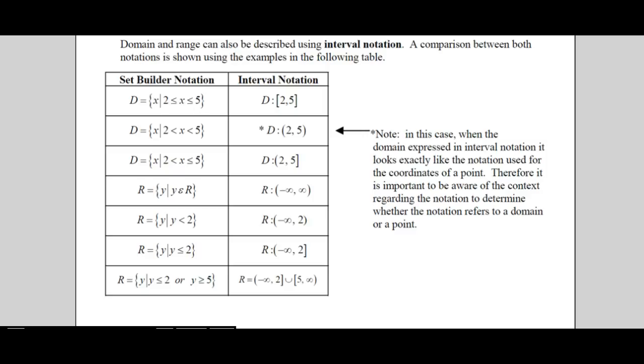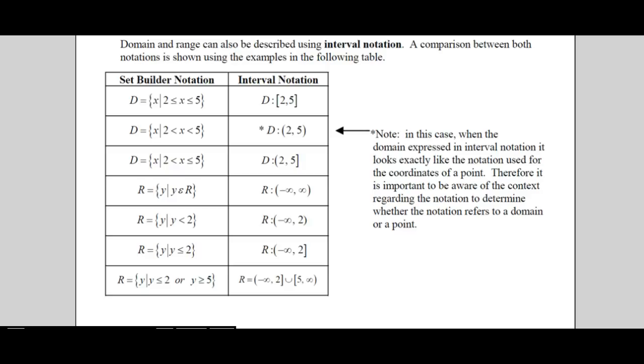This says the domain goes from 2 to 5, but it doesn't include them, so then we use round brackets. So a square bracket says includes, that you'd use when you had less than or equal to, and a round bracket is excluding, right? So from 2 to 5, but not including 2 nor 5. This is from 2 to 5, but doesn't include the 2, round bracket, comma, includes the 5, square bracket.